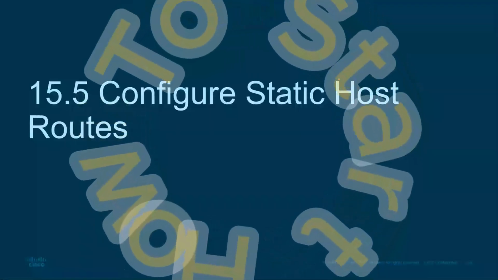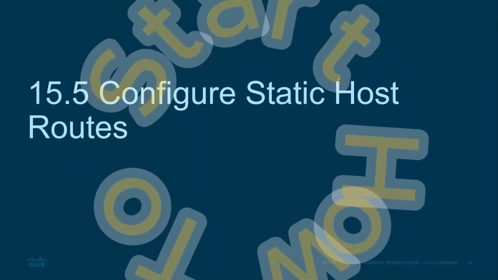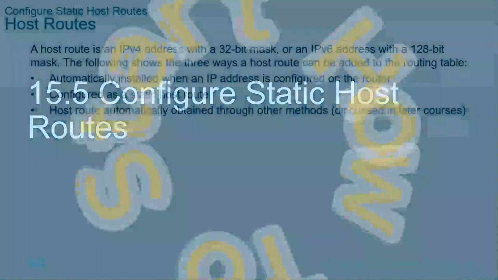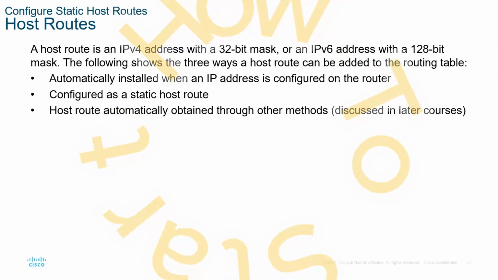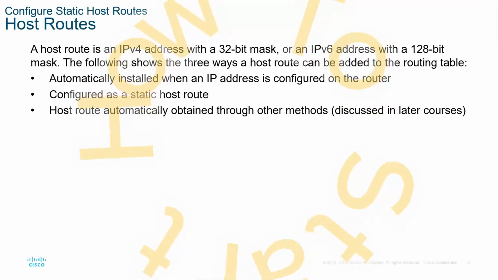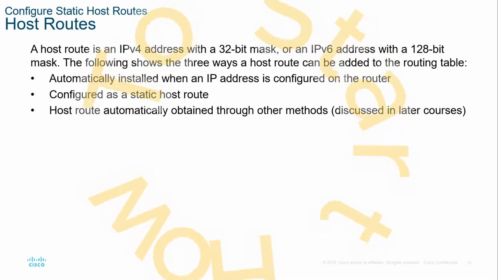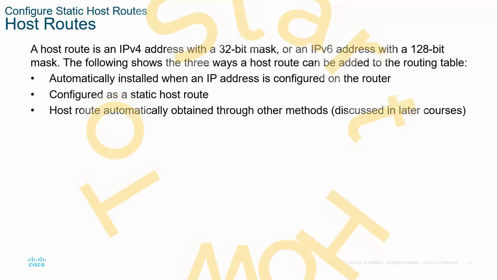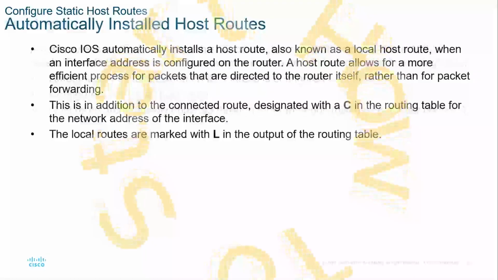So moving forward, configuring static host routes. So this is more if we're mapping single hosts. Automatically installed when an IP address is configured on the router, it's configured as a static host route. Host routes are automatically obtained through other methods, which we've already discussed several of them.